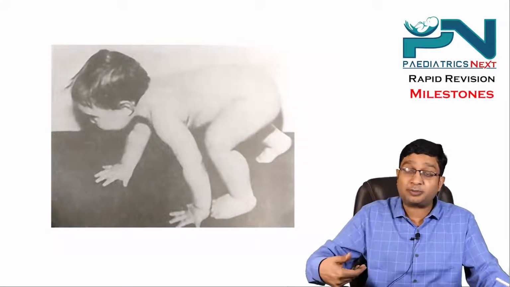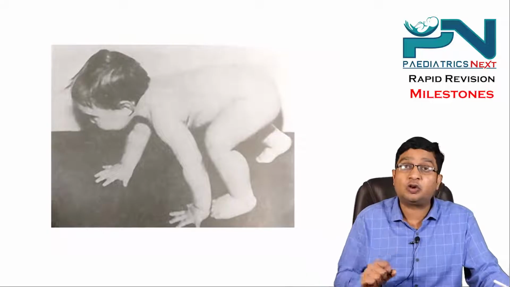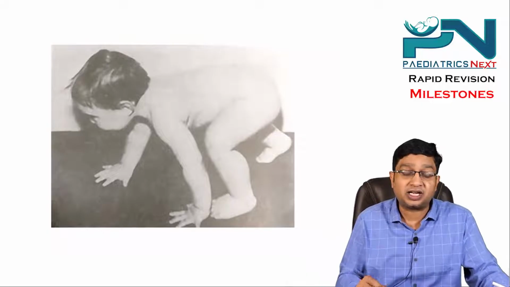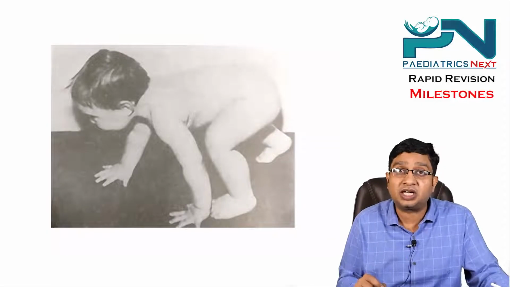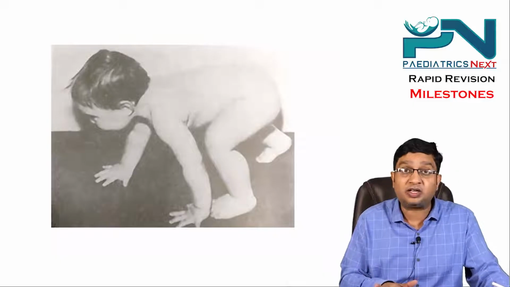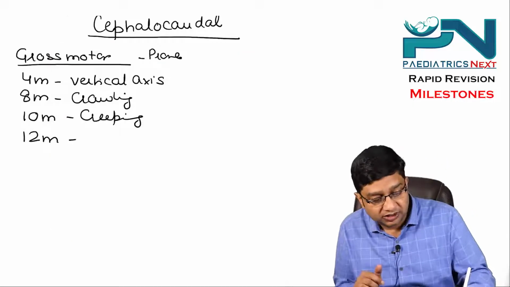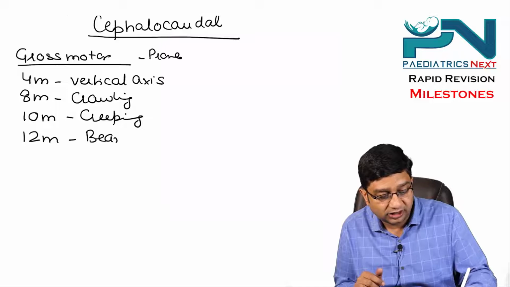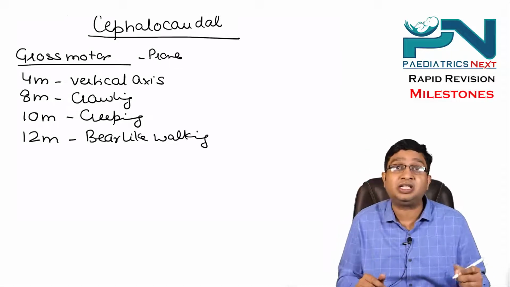Chest is lifted, abdomen is lifted. This is what we call bear-like walking. So at 12 months we say bear-like walking, that is, walking on extended arms and extended legs.